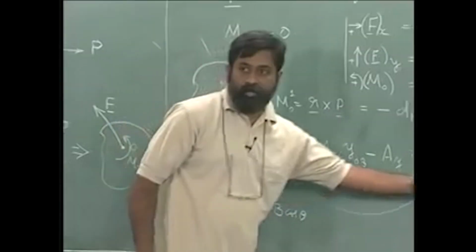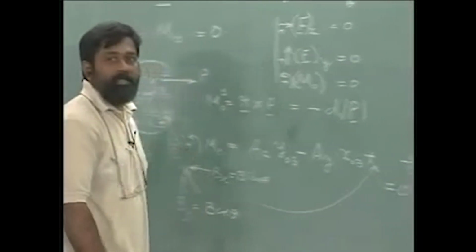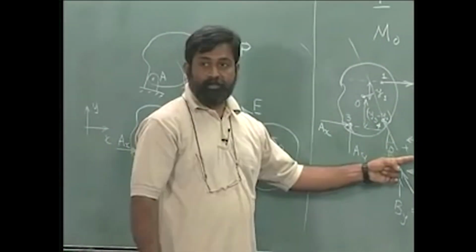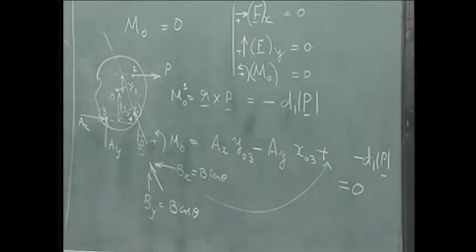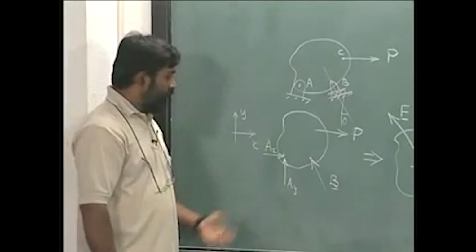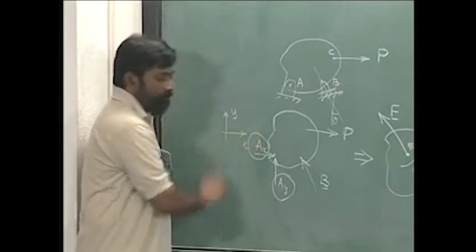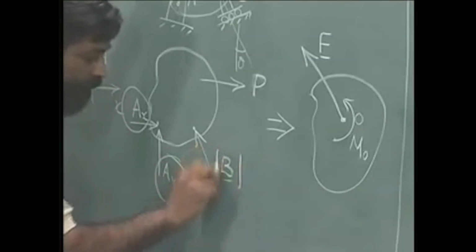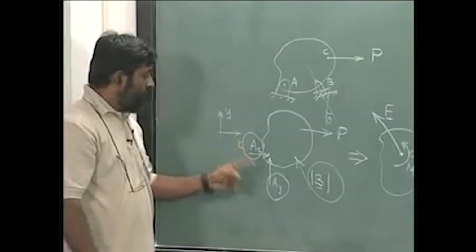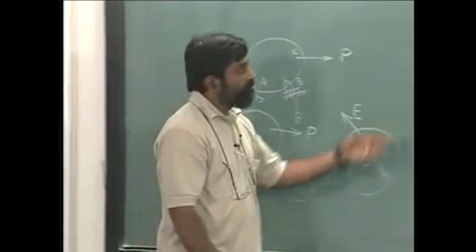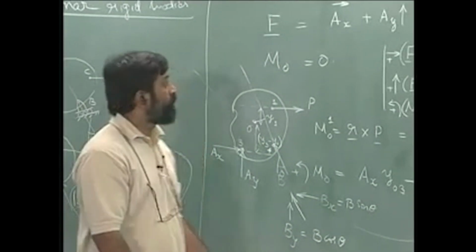I have completed finding out the moment for everything, and if I set this equal to 0, I will get an additional relationship. How many unknowns do I have here? Going back to this particular diagram, this is something I do not know, this is something I do not know, the magnitude of this is something that I do not know. 1, 2, 3, I should have 3 independent equations that I should be able to solve.